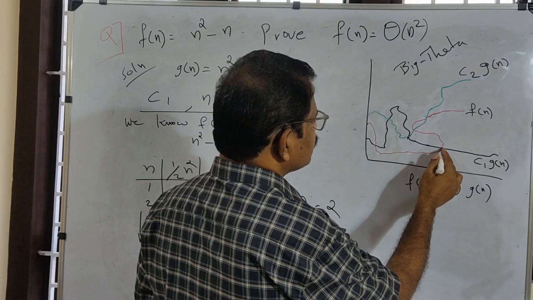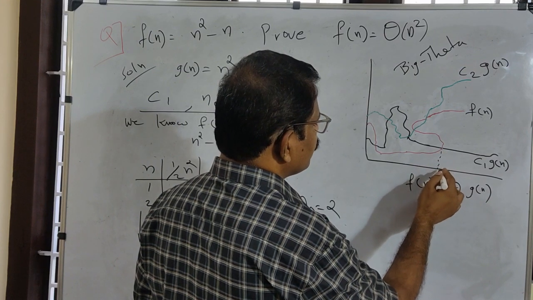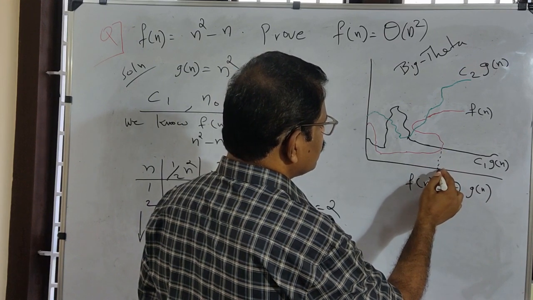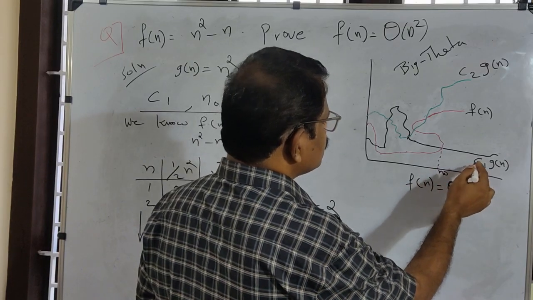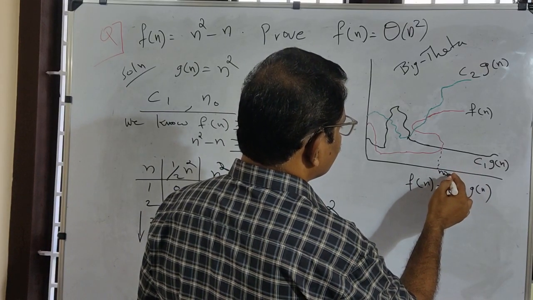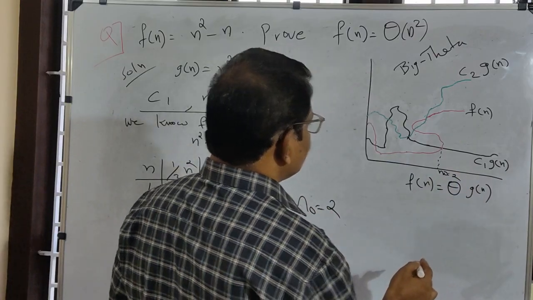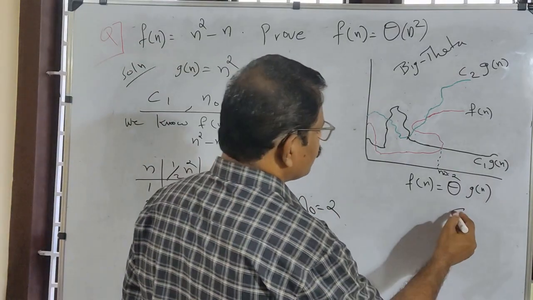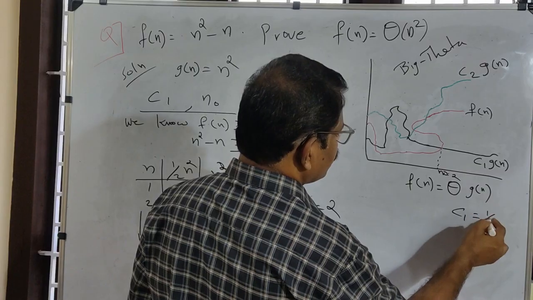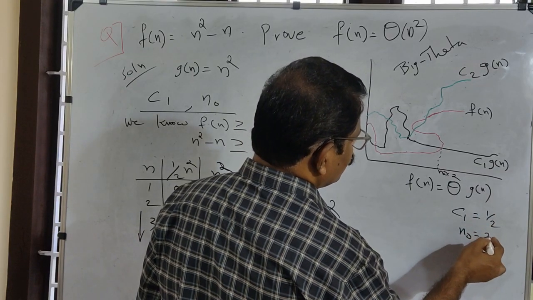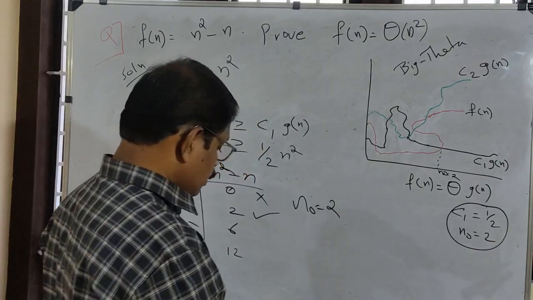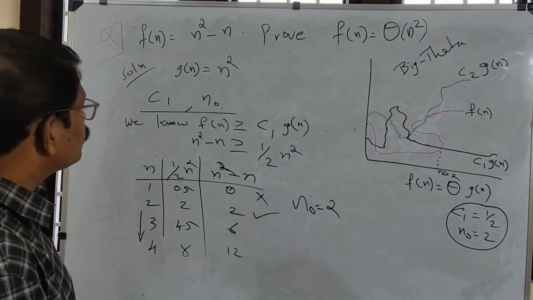Let us consider this one. We got c1 is equal to 1 by 2 and n0 is equal to 2.